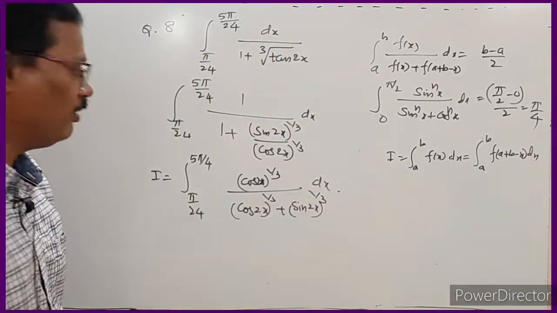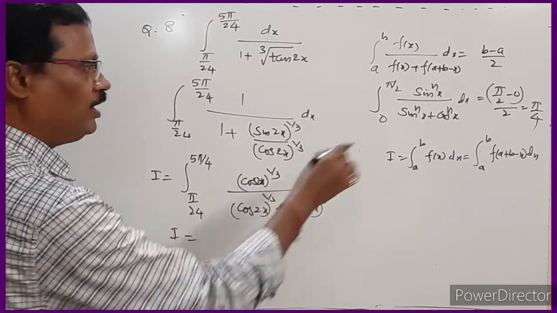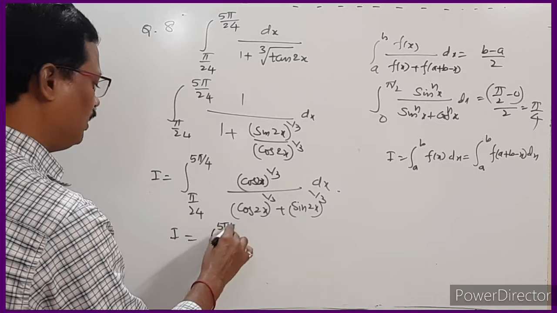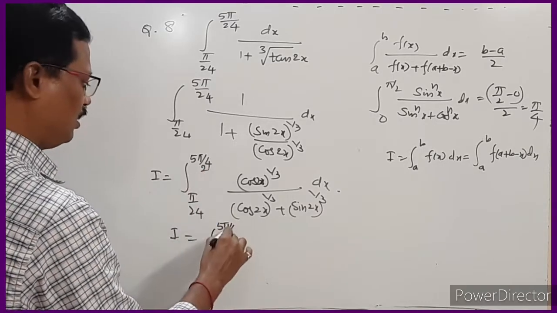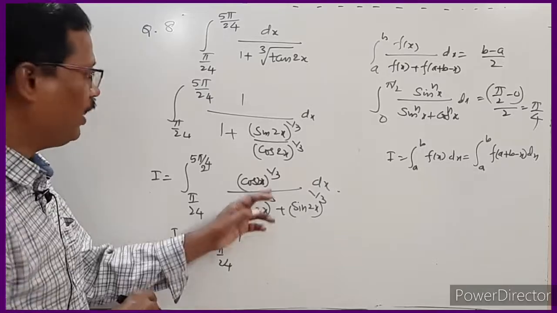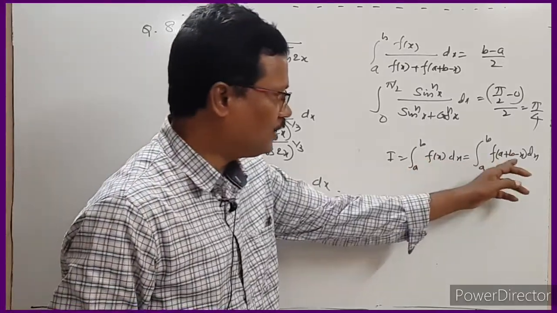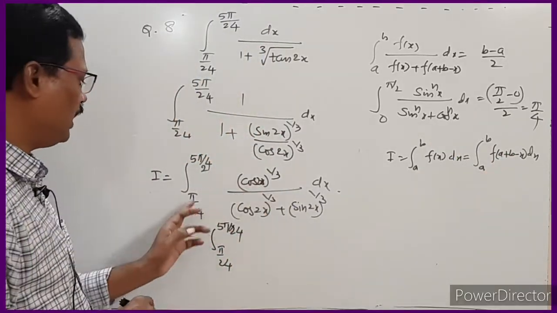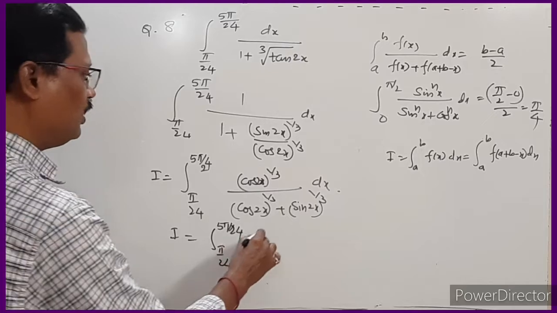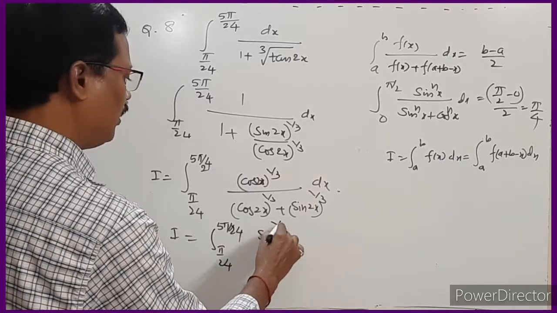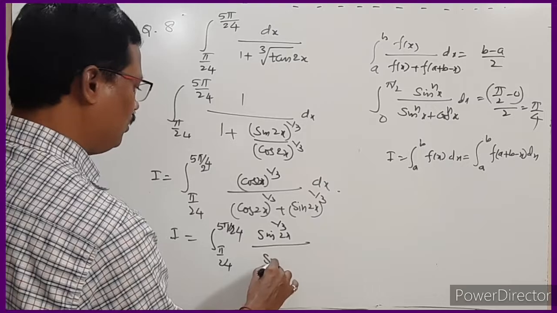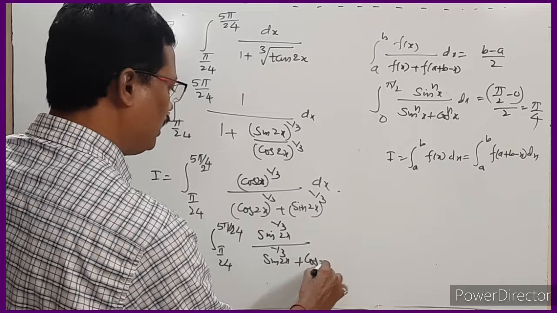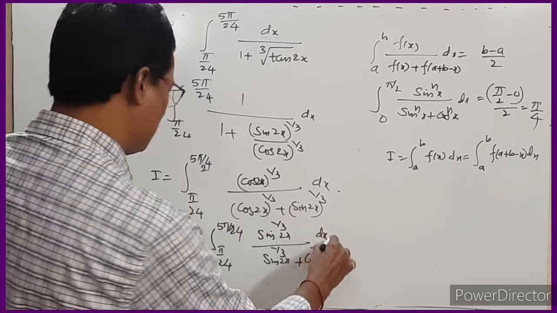By applying that formula here, integral pi by 24 to 5 pi by 24, wherever the x, write sum of the limits minus x. Then this becomes sin 2x whole to the power of 1 by 3 by sin 2x whole to the power of 1 by 3 plus cos 2x whole to the power of 1 by 3 dx.